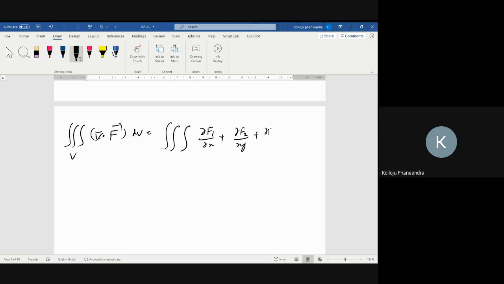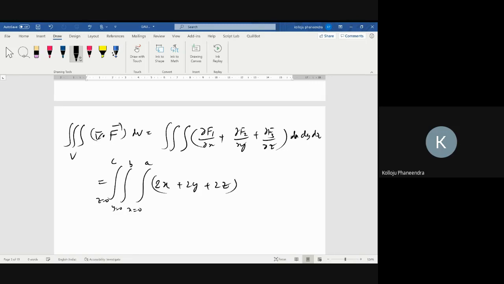You know the divergence formula, the component derivatives with respect to x, y, z, dx, dy, dz. So x equal to 0 to a, y equal to 0 to b, z equal to 0 to c. What is the f1 derivative with respect to x? This is 2x plus 2y plus 2z, dx, dy, dz.